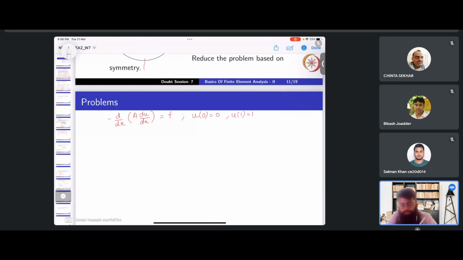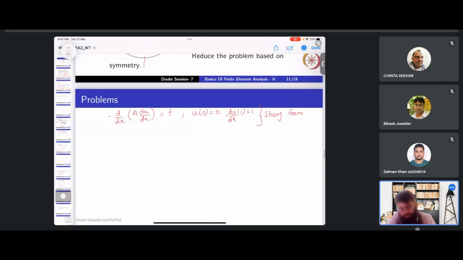This whole definition of the problem is called the strong form. I'll write du by dx at x equals 1. So such a definition of the problem is called a strong form: the basic differential equation that we see, and the boundary condition is given perfectly, u at 0 equals 0.